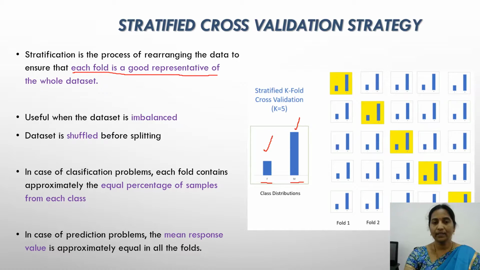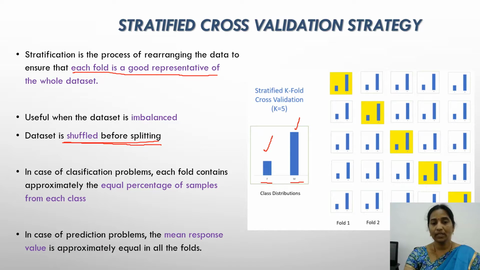Before applying this, the data set is completely shuffled, so that it will not be like only a specific portion of the data is used. Random shuffling happens so that the data samples are mixed together, and then we get a good representation of the whole data set in each of the folds.